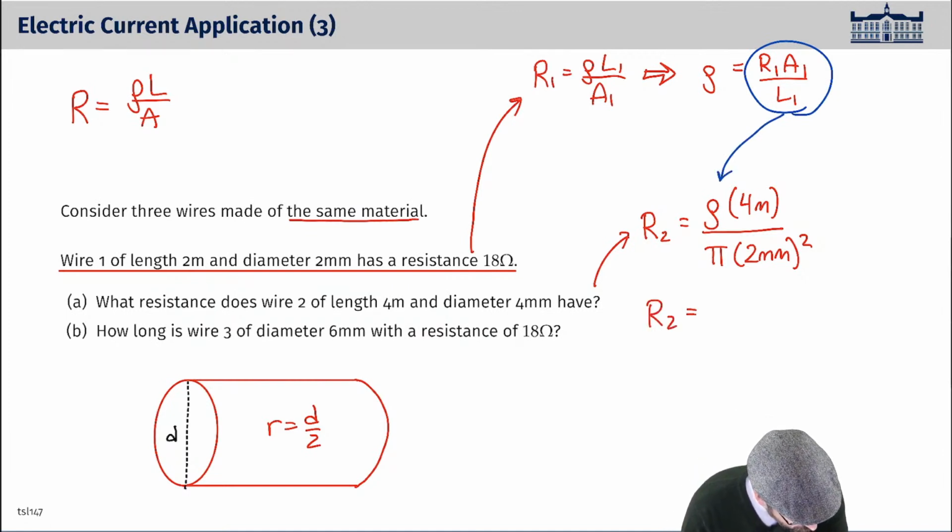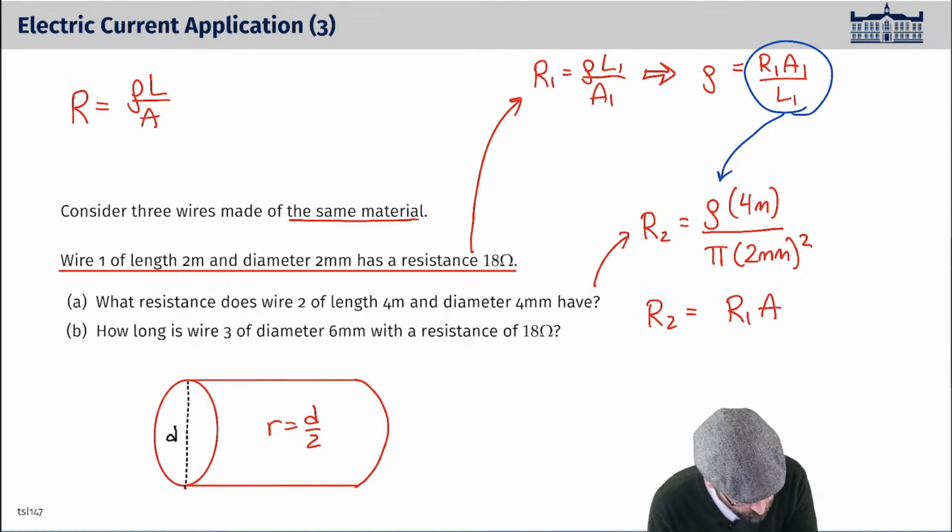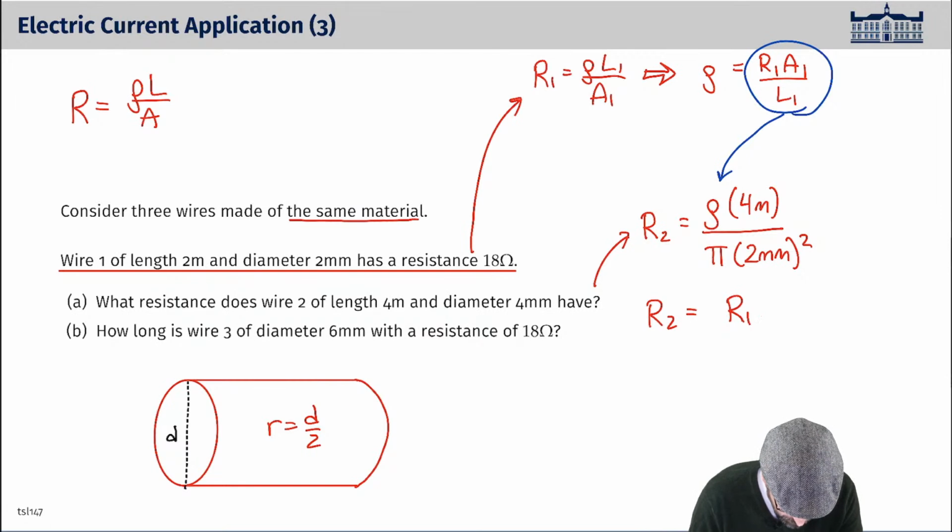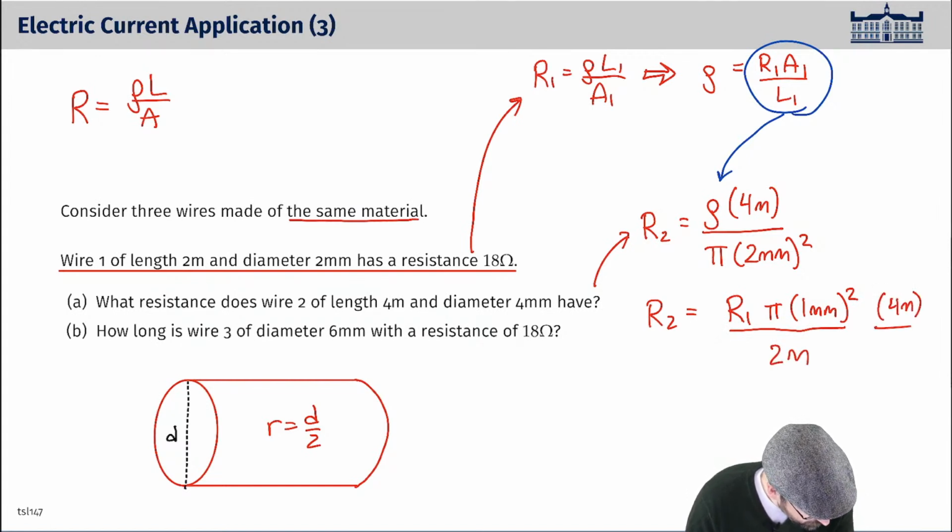So R2 will be R1 times A1, which is pi times 1 millimeter squared, divided by L1, which is 2 meters, multiplied by 4 meters, divided by pi times 2 millimeters squared.